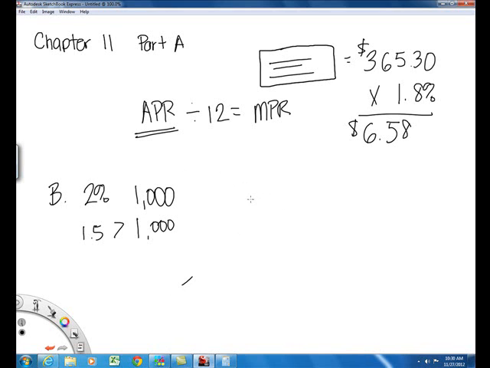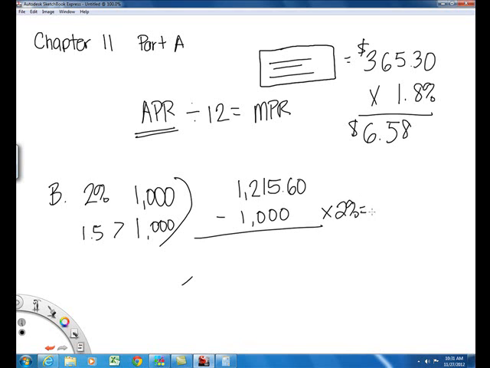So on our first one, we had a previous balance, and our charge is on the previous balance. Our previous balance was $1,215.60. For the first $1,000, that will be at a 2% monthly rate.